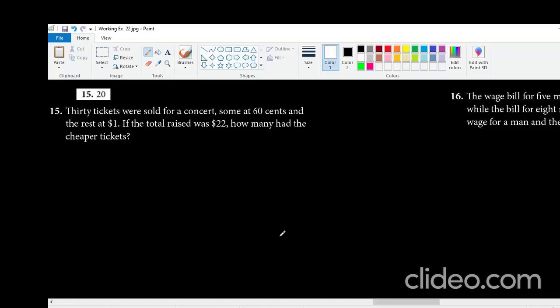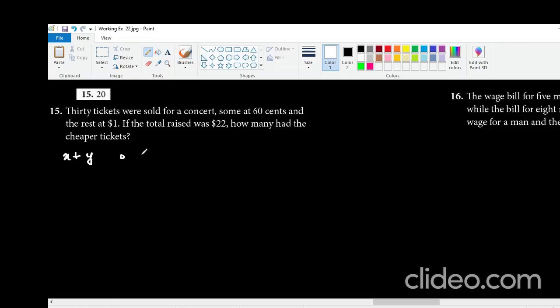In question number 15, it says 30 tickets were sold for a concert, some at 60 cents and the rest at $1. If the total raised was $22, how many had the cheaper tickets? Here the equation becomes x plus y equals 30, that means both the tickets together equal 30.